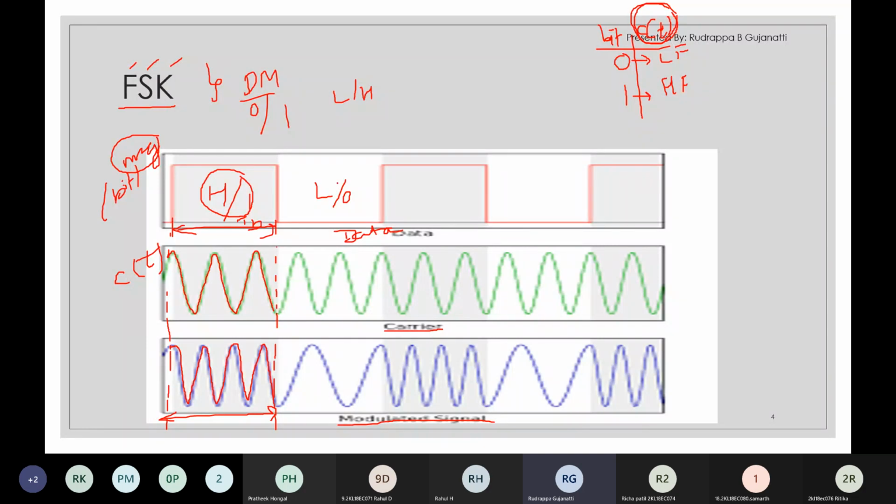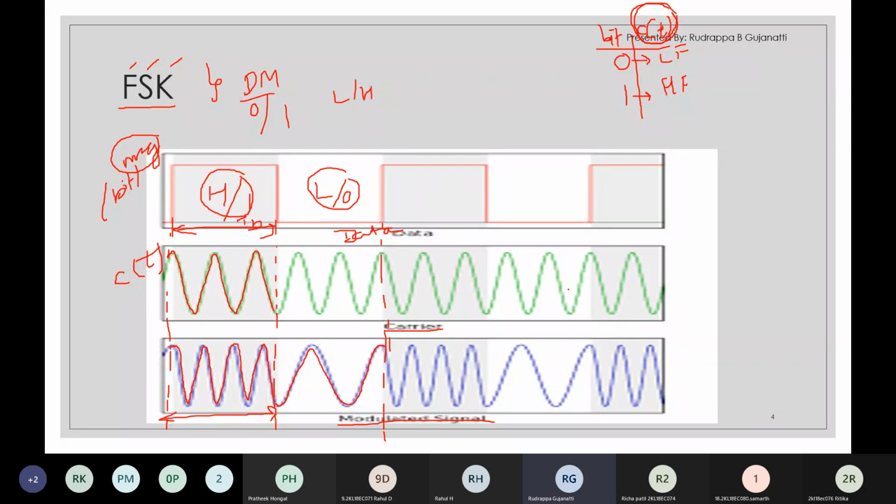Now, what happens if the data is low in the given bit interval? We can observe that when the data is low, the frequency of the carrier gets reduced. This is the concept you have to utilize when implementing FSK.